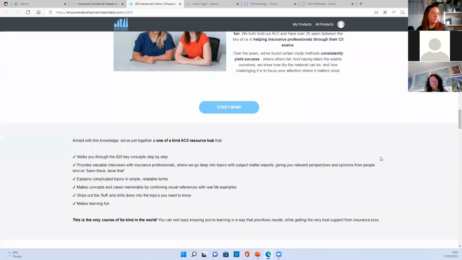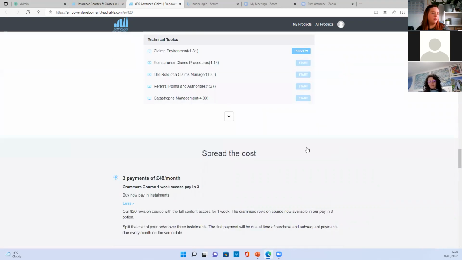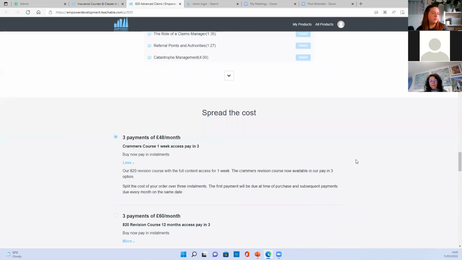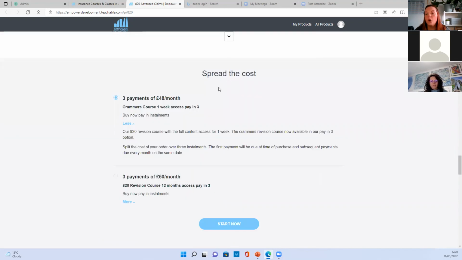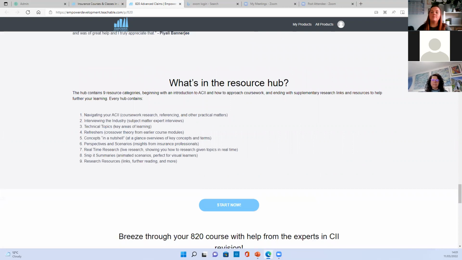It's quite a lot of information to look through. We've got different payment options now as well. We do a pay in 3 option, so you don't have to do it all in one go.